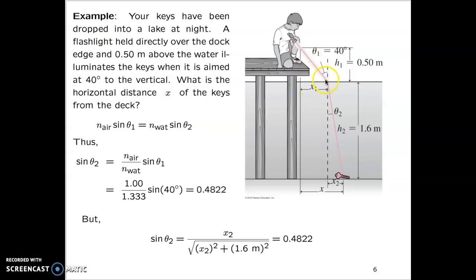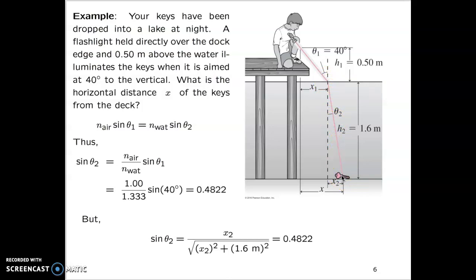Okay, that's 40 degrees. So obviously, as the light goes into the water, which has a higher index of refraction, the light will tend to bend towards the normal, and eventually it settles on the keys down here.